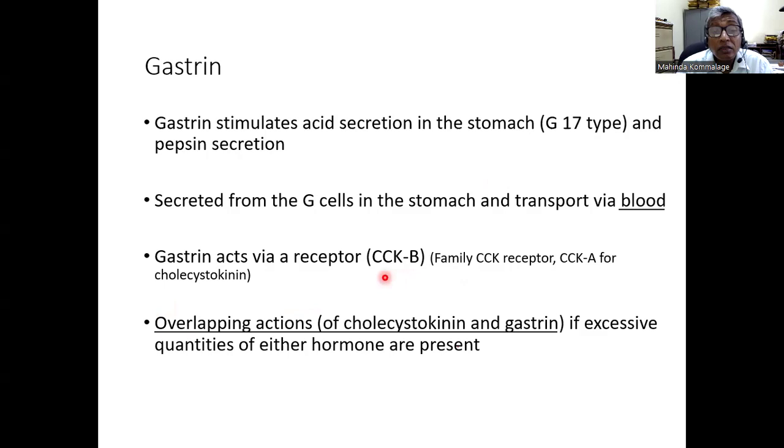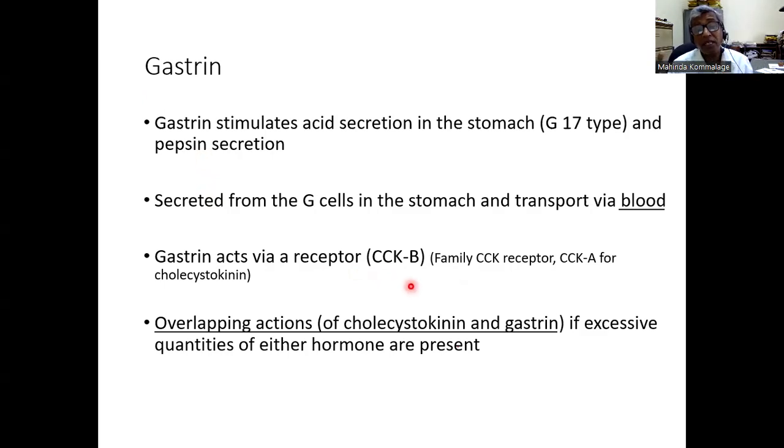But a long time ago, when they found gastrin, they thought it was CCK because it's structurally similar, so they didn't know it was gastrin, and they named the receptor CCK. But later they found that this is not the CCK hormone, this is the gastrin hormone. Of course, there is structural similarity, but it's not exactly the same hormone. So they named it the gastrin hormone. But still the receptor is CCK.